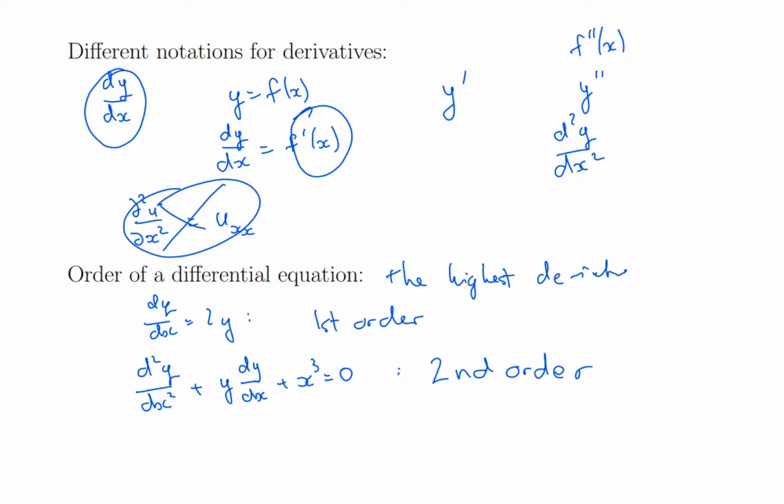Second order is easier to solve than third order, but the key thing is once you've got to second order, you've basically already captured all the complexity that can come up in higher order. So you're more or less into the general case already. When you meet a differential equation, ask yourself, what is the order of that differential equation?